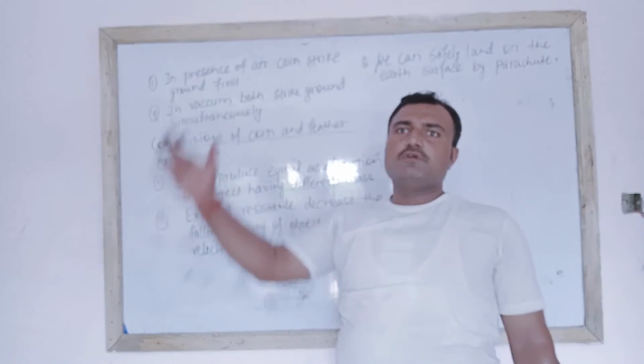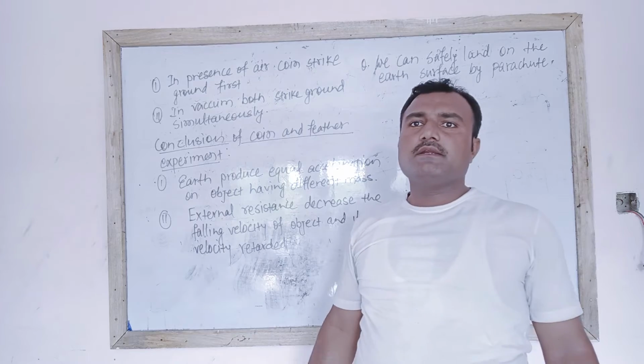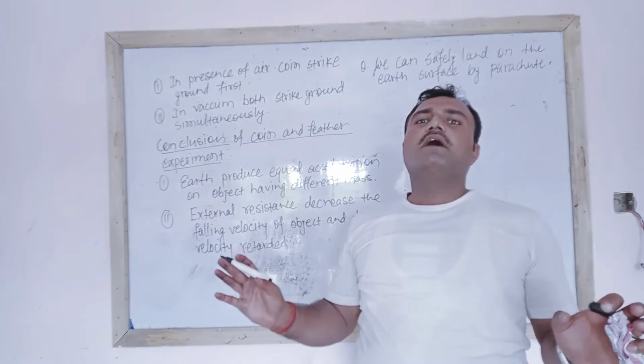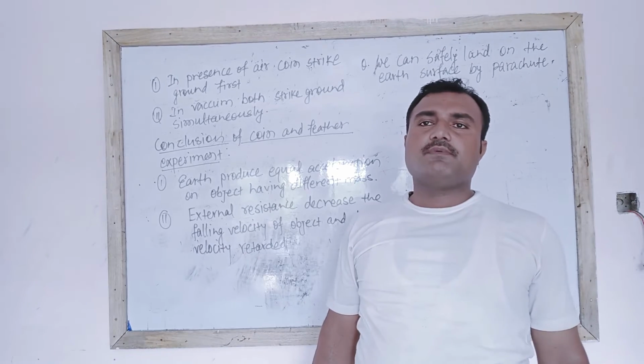Paratroopers use a parachute to jump from an aeroplane to the earth surface, and can easily and safely land on the earth surface. Why?